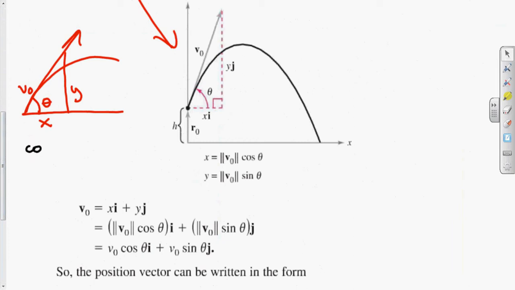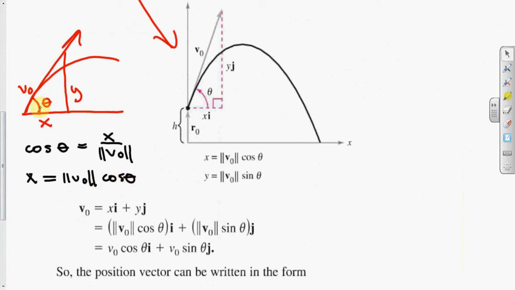we have the cosine theta is x over the so-called initial velocity. We measure it. It's some measurement. And so we have x is equal to this initial velocity times the cosine theta.